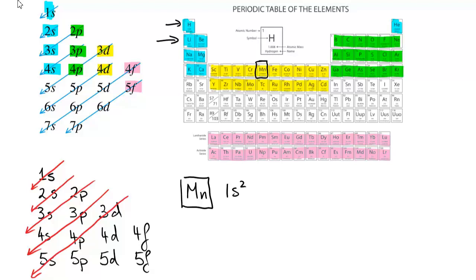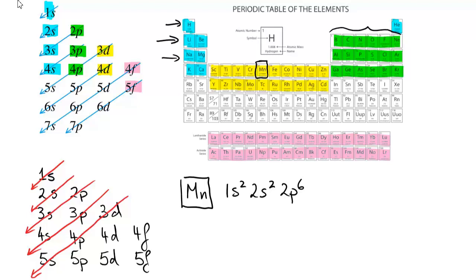So using our diagram here, after the 1s subshell comes a 2s. So 2s, 2 electrons, then after 2s comes 2p. And p contains 6 electrons in it, right, when it's completely full. And then we go to the third period.